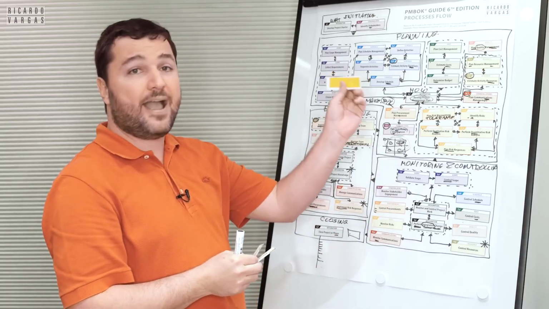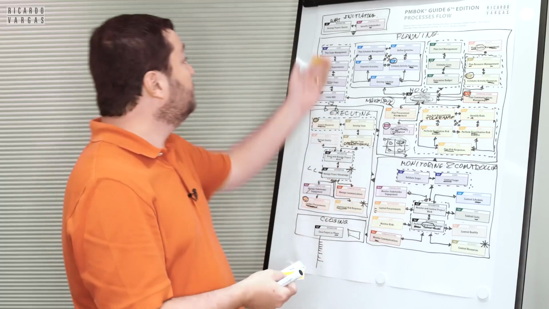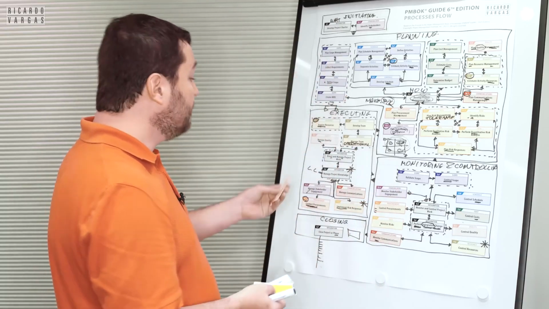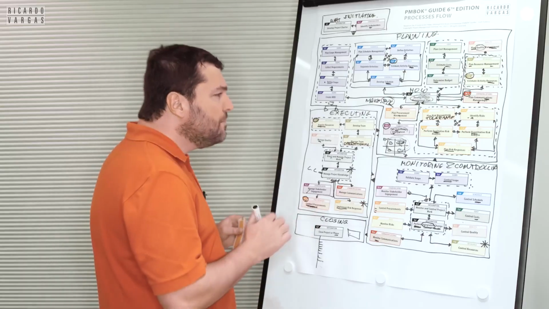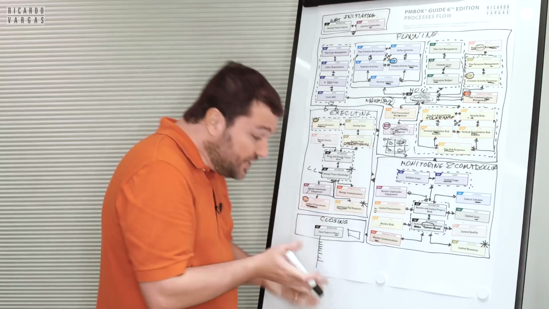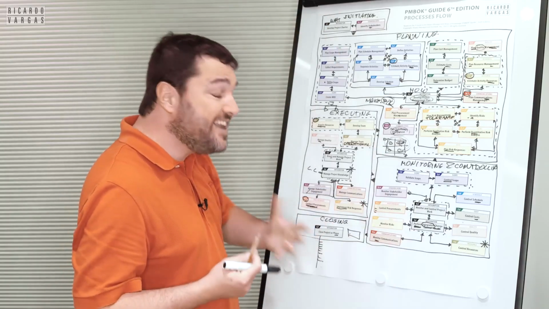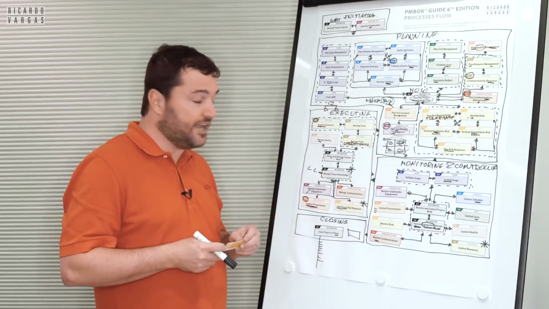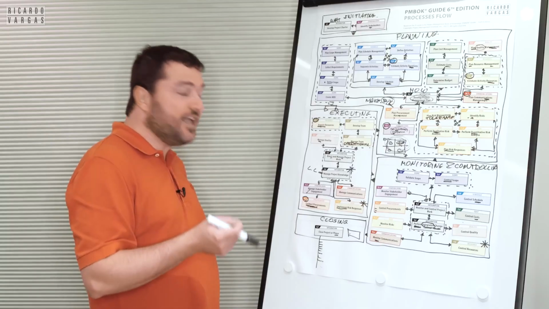Put the tape in the back and just play and have fun. Try to do it alone. Try to understand. And with the PMBOK guide in your hands, you can say, Plan procurement management, I'm not sure about what that is. You can go and read a little bit more. You will understand the logic and everything that I showed to you today. It's logic, it's nimble, and it's agile.